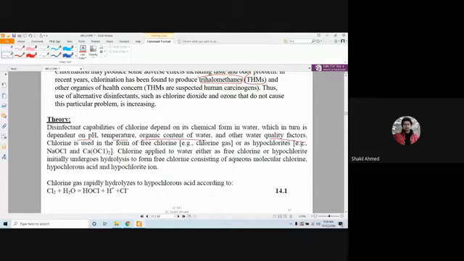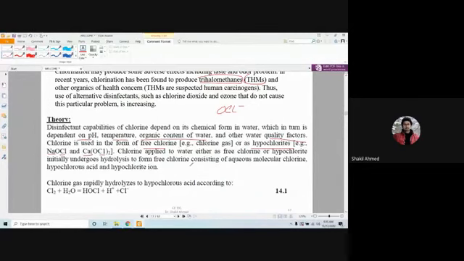Chlorine is used in the form of free chlorine or as hypochlorites. Hypochlorite means what? OCl minus. If you add sodium, sodium hypochlorite, calcium hypochlorite.